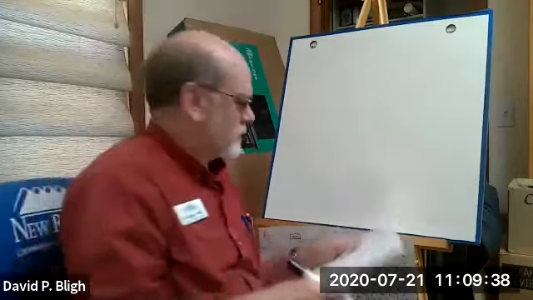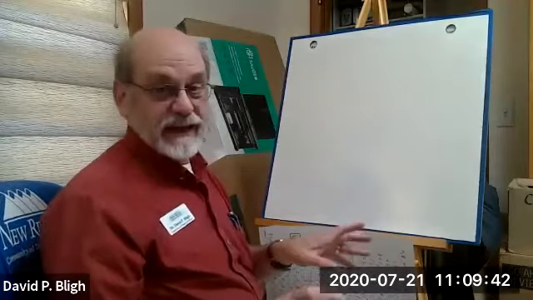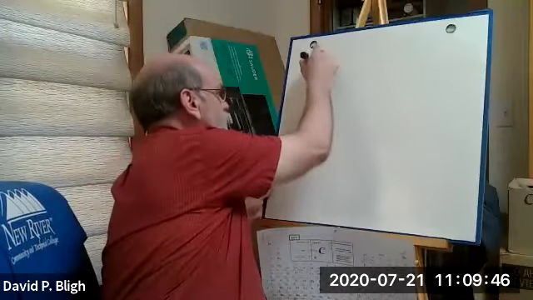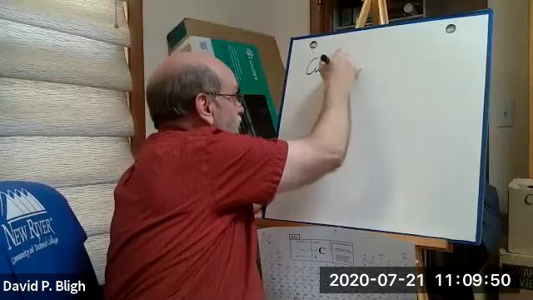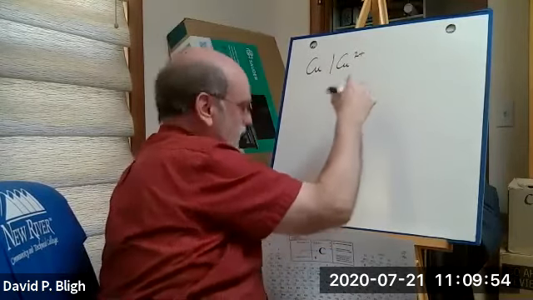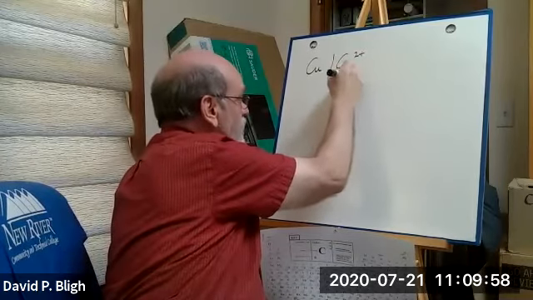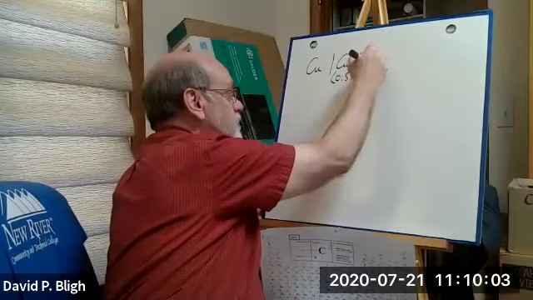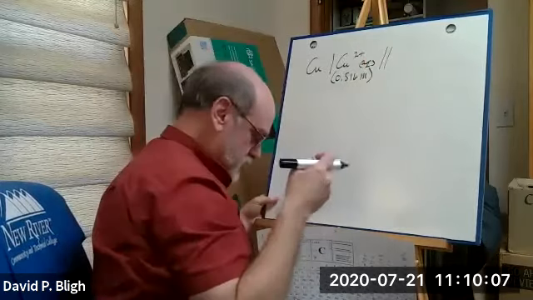So let's take this one. I'm going to use line notation to describe this cell. So we've got that one, that one, and the concentration here is 0.816 molar. That's aqueous solution. And then our salt bridge.